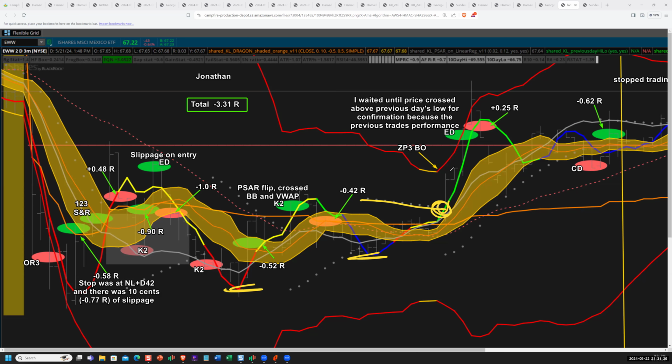Take a look at my markup too. There's an indicator right there: failure to fail, higher lows, crossing the VWAP and the Bollinger Band mean, and breaking the PSAR. We got to trigger on that a little sooner, maybe even here. That's maybe waiting a little too long. We could even get it on a Z3 breakout. So any one of those three is justified.